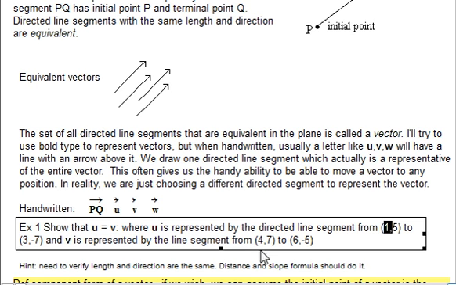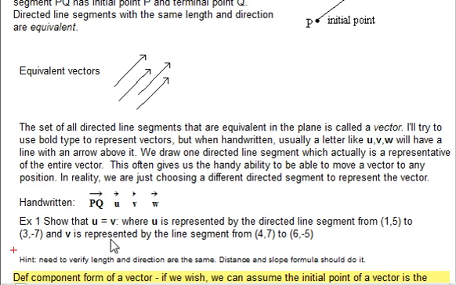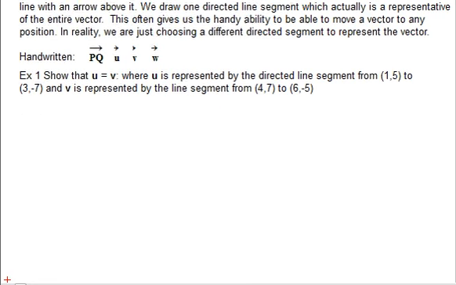And V is represented by the line segment from (4, 7) to (6, -5). And you're thinking, well, how on earth could we do that? And what we need to do is verify that their length and direction are the same. Well, that shouldn't be terribly hard, but we'll need a little space for that.